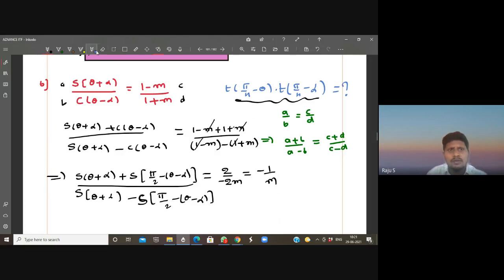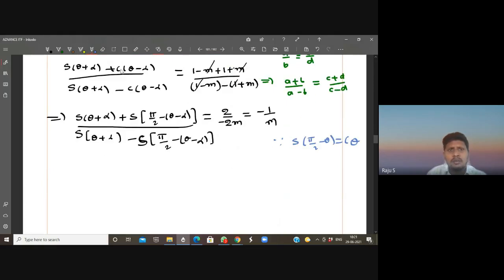Since we know that sine of 90 minus theta is equal to cos theta, with the help of this property I have changed cos completely in terms of sine. Now it is in the form of sin C plus sin D, sin C minus sin D formula.